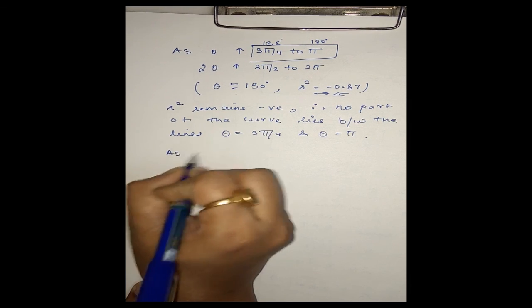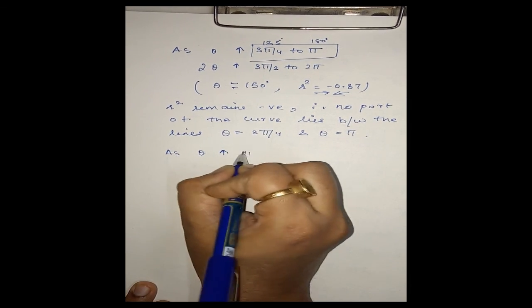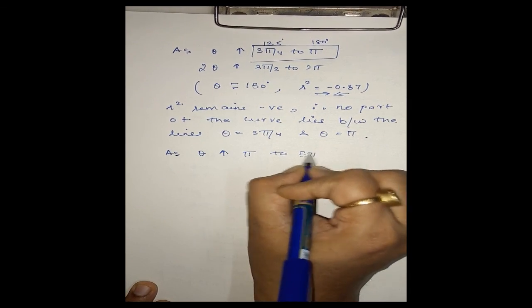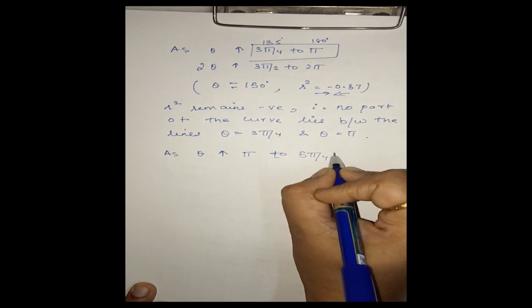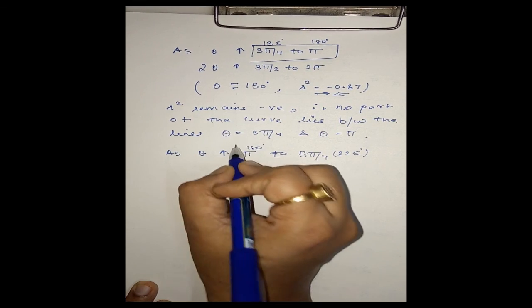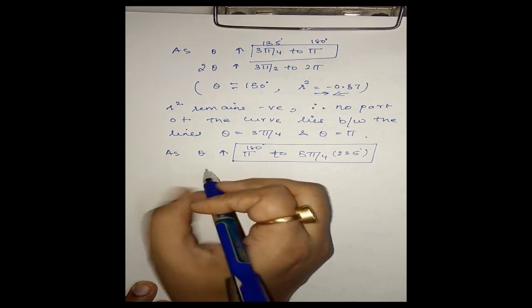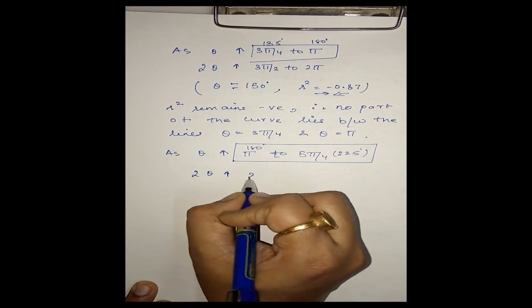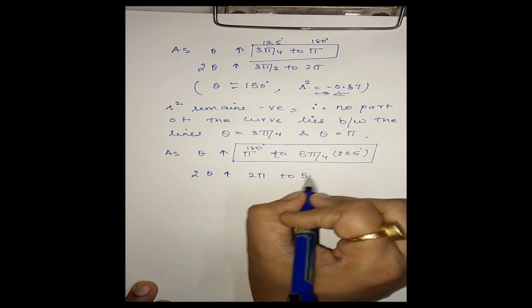Now as theta increases from pi to 5 pi by 4, this is 225 degrees. This is my 180 degree. Then 2 theta will increase from 2 pi to 5 pi by 2.